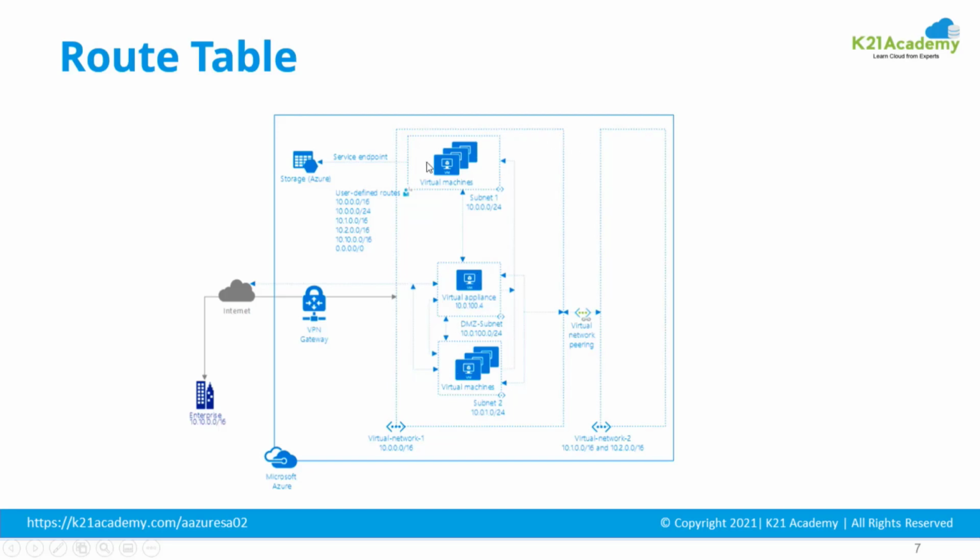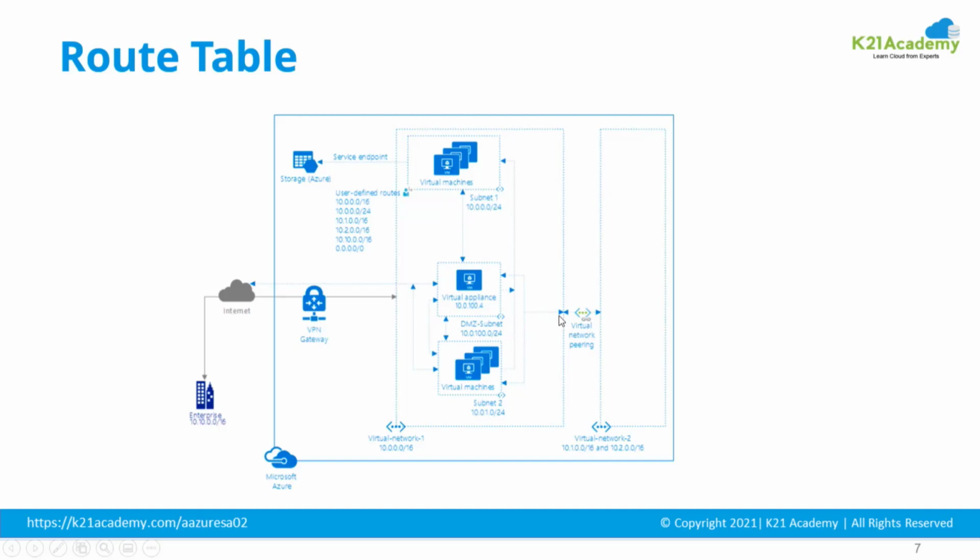But if a machine in one VNet needs to go out to other places, like a storage account, or to an application on-premise, which is your customer data center, or to another network, this is where you will need route tables, where you create a route table.